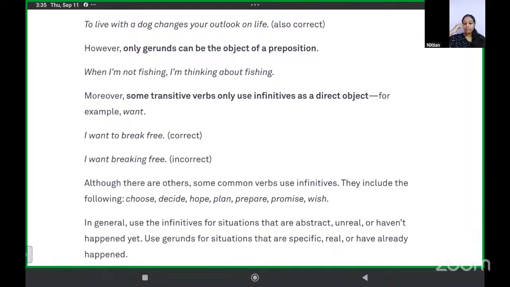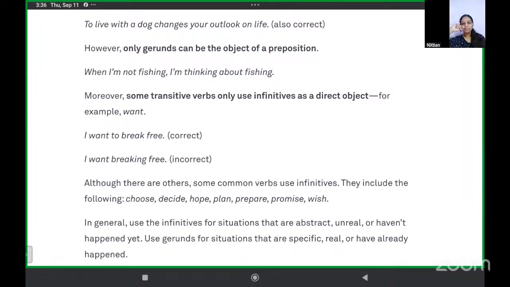Some transitive verbs can only use infinitives. For example, I want to break free. But if you use it with ing, I want breaking free, it becomes incorrect. I want to break free is correct.